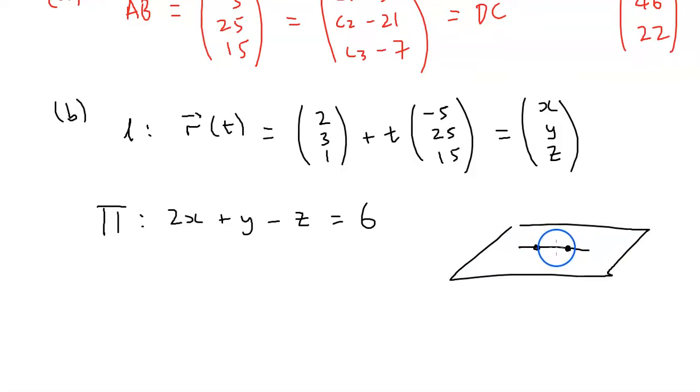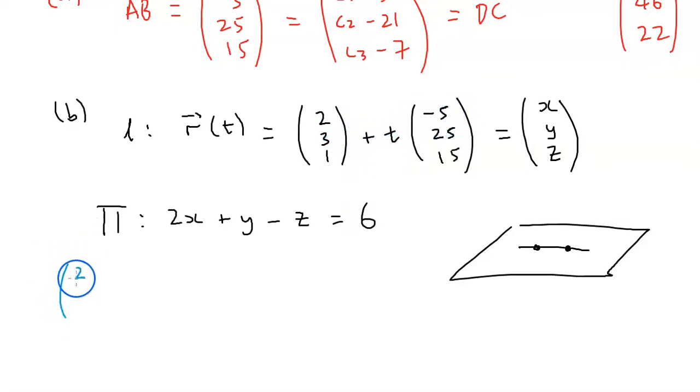If it intercepts at 2 points inside the plane, then that means all of the points on the line have to be inside the plane. So we can just take any 2 points on the line and show that they're in the plane, and we do that by showing that they obey this equation here. So let's say t equals 0.